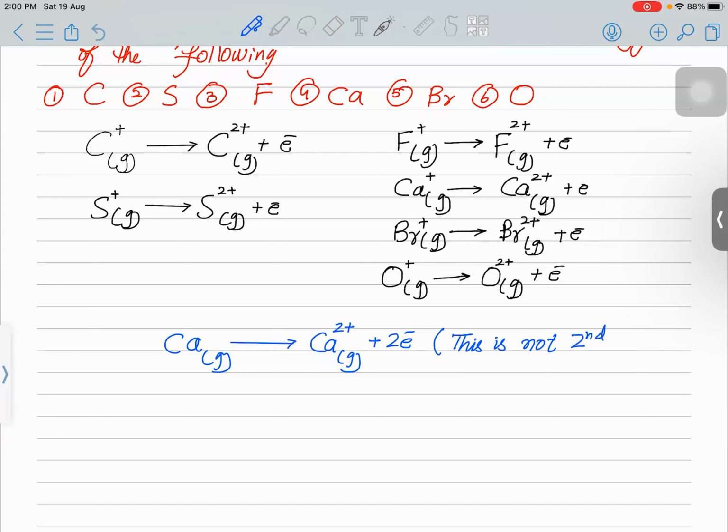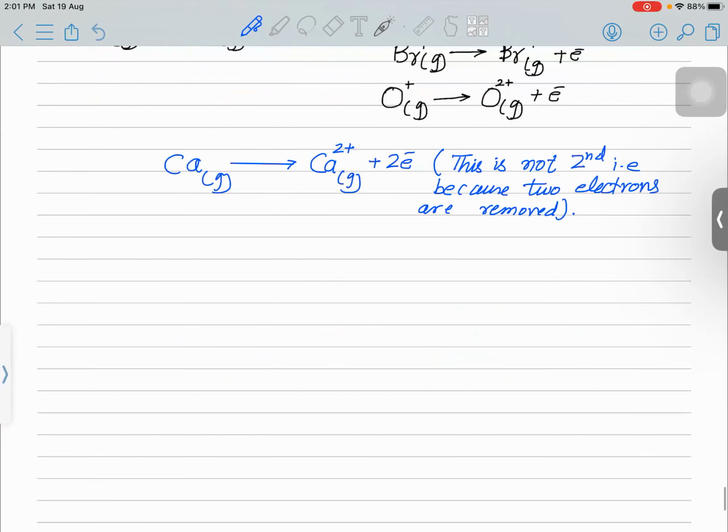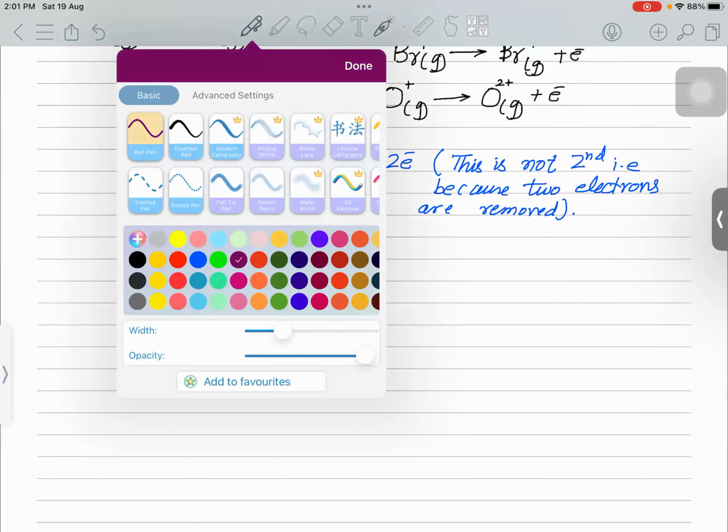This is not second ionization energy because 2 electrons are removed. For ionization energy, it is necessary to remove one electron. Now, next is factors on which ionization energy depends.